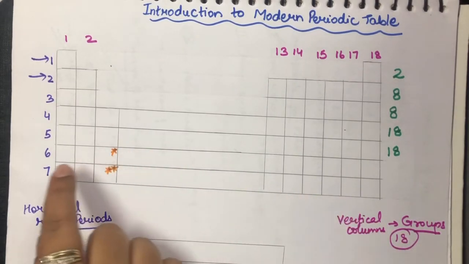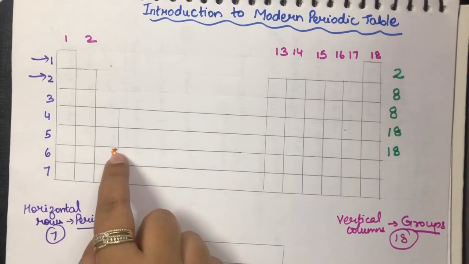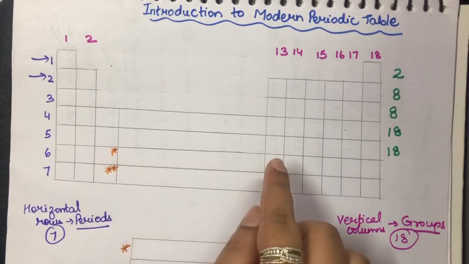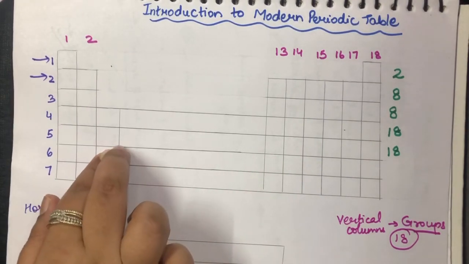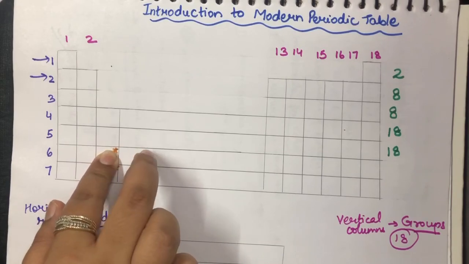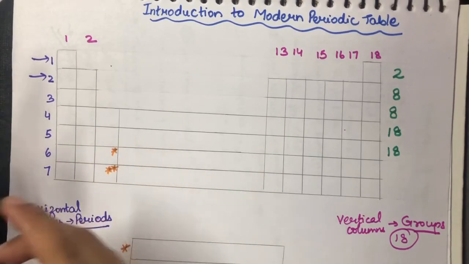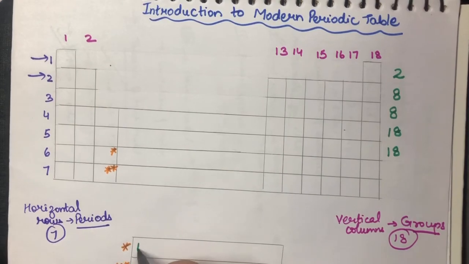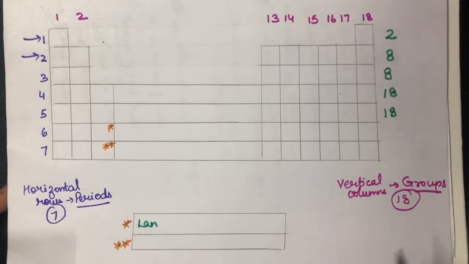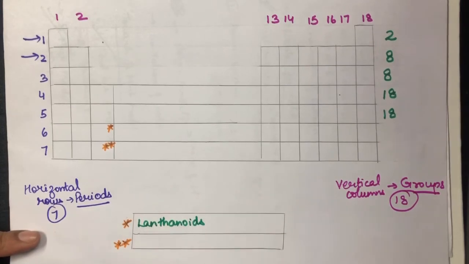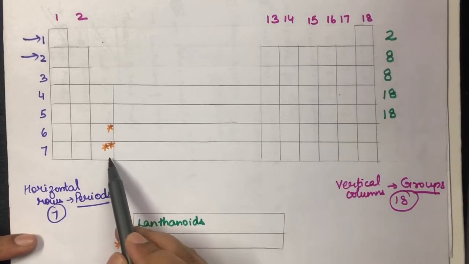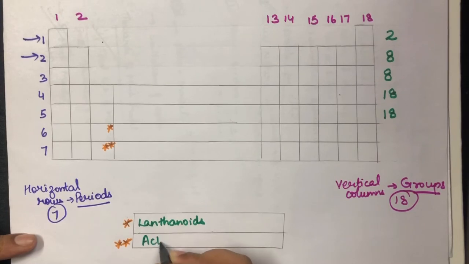When I'm talking about the 6th period, after this asterisk sign there is another series accommodated between the third group and the fourth group. They are called lanthanoids. And in the next period, there are actinoids in between them.